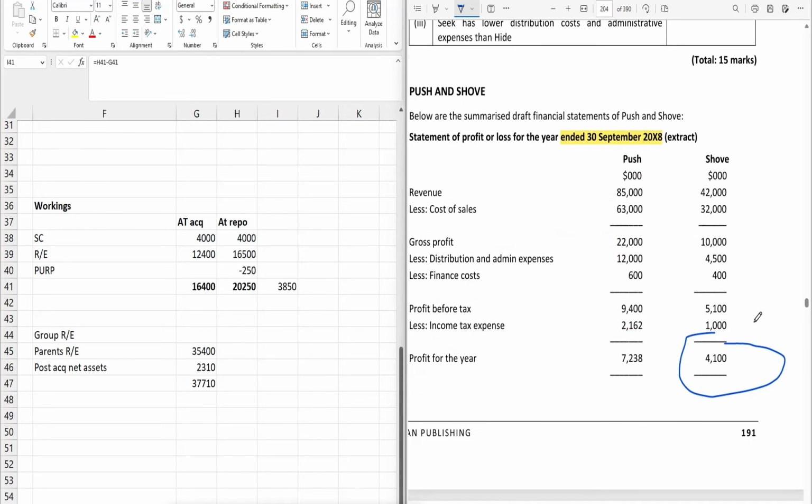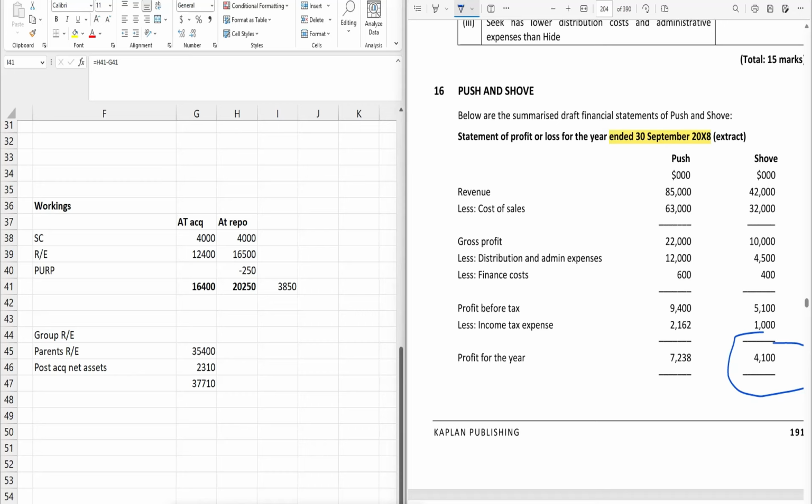This is the P&L for both of the companies. In the consolidated statement of profit or loss, we will again add items line by line, but we need to check whether there is a mid-year case or not, because in case of a mid-year acquisition, we need to apportion this value. But in our case, it's not a mid-year acquisition.